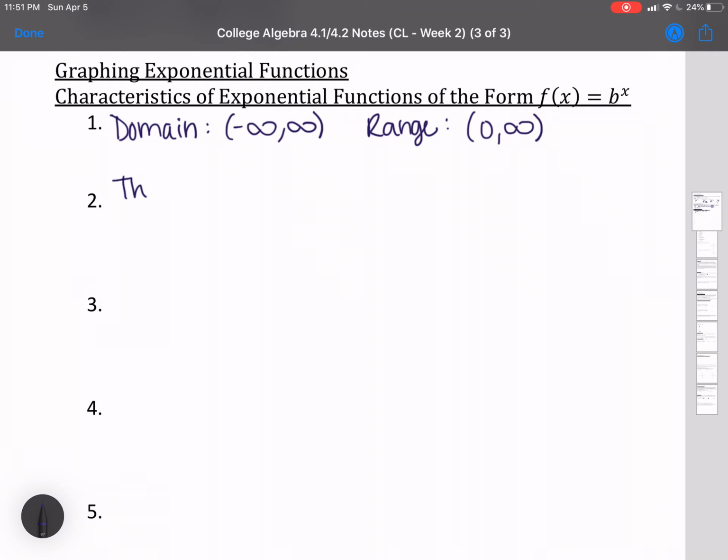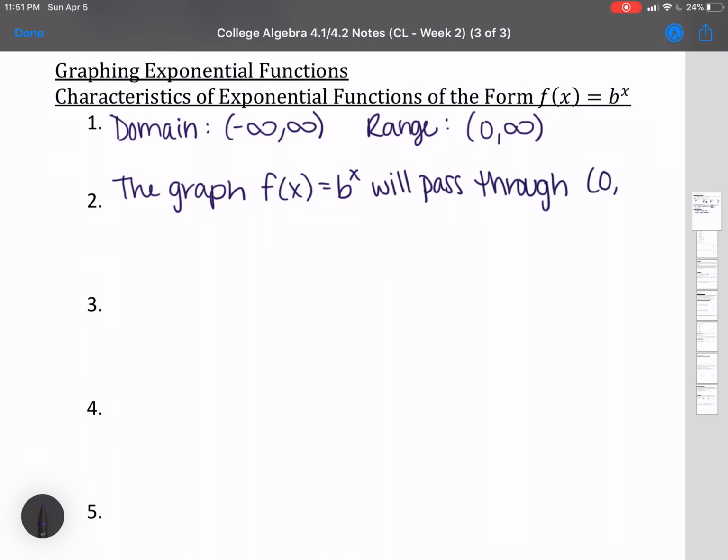Then the graph of f of x equals b to the x power will always pass through the point (0, 1), which happens to be our y-intercept. With that, we will have no x-intercepts.